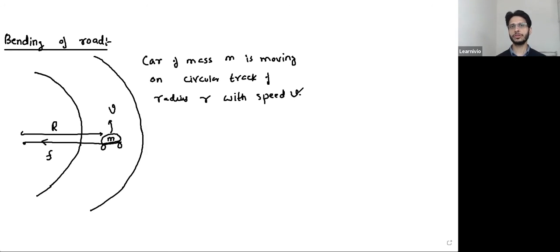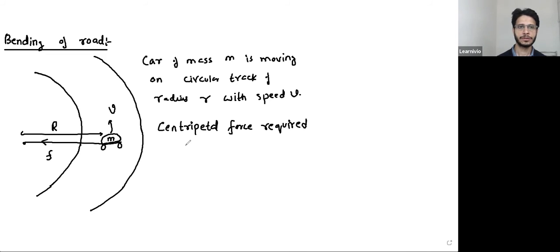To move on this road with speed v, the car needs a centripetal force. The centripetal force required by the car is mv squared by r. This is the first equation.